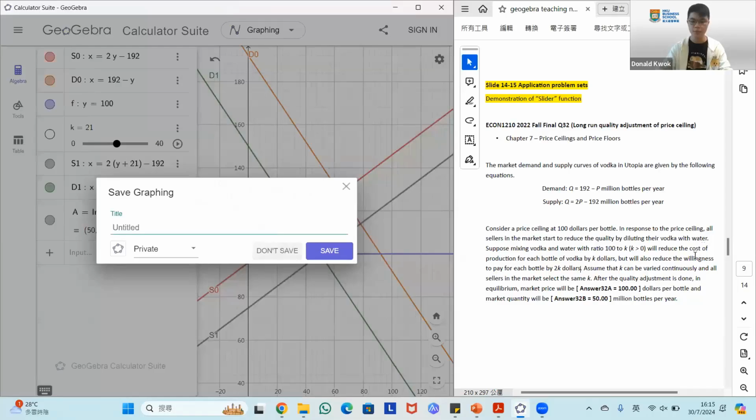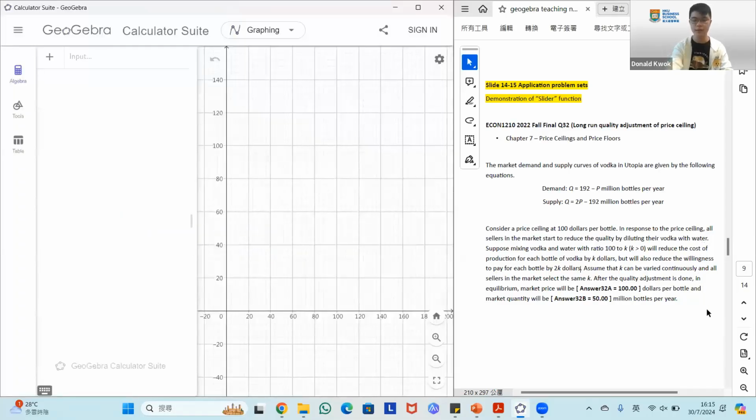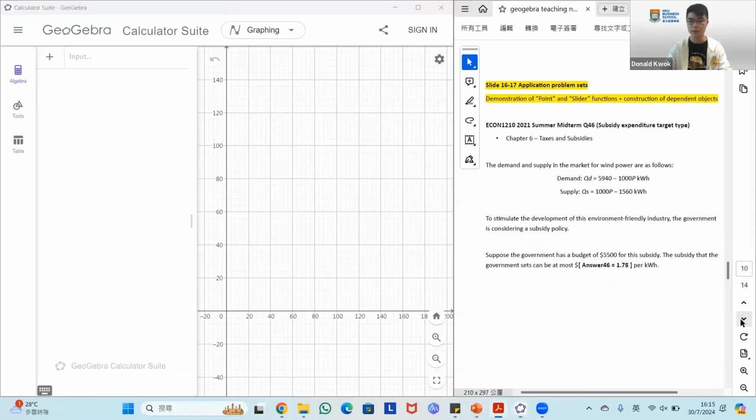All right, so we'll move on to the next problem, using the slider function to solve the question about the subsidy expenditure target. To start with, let me type the demand and supply functions here first.